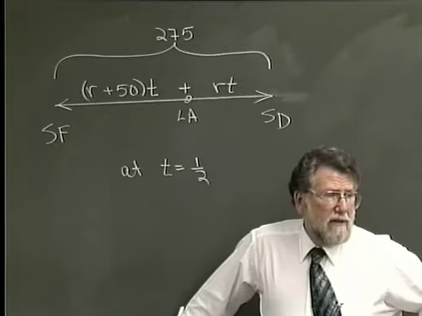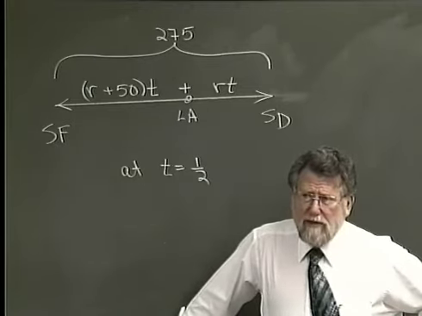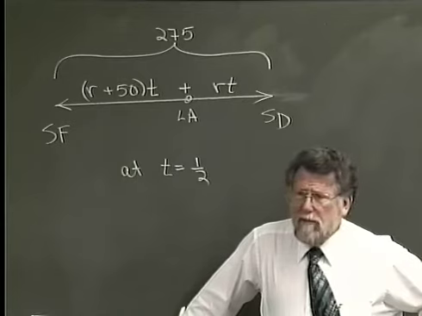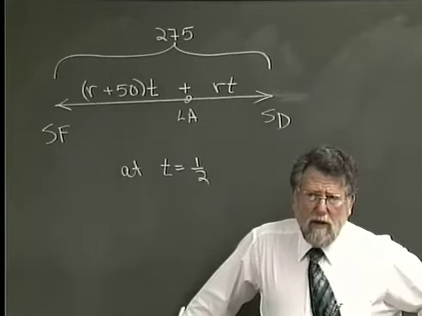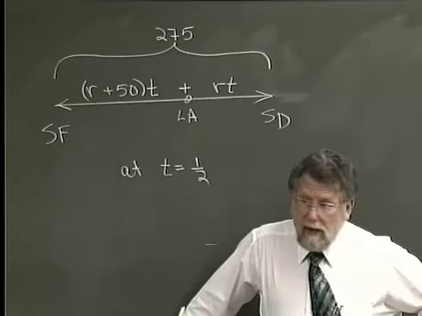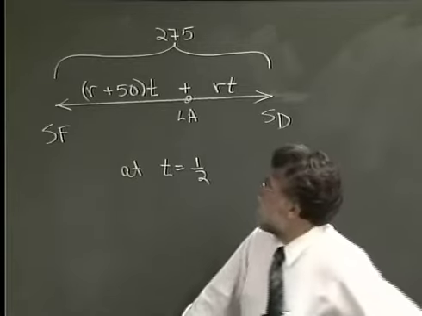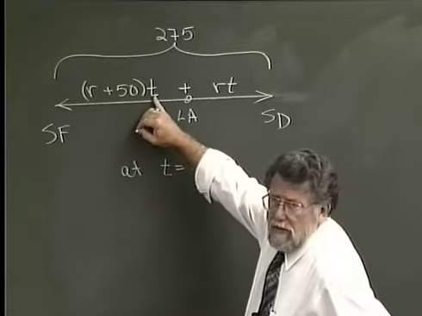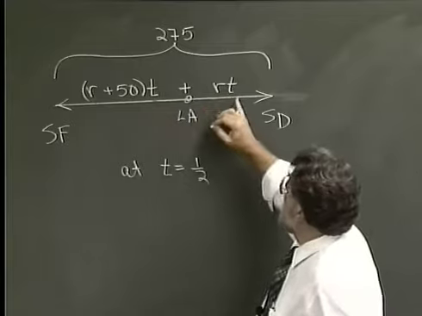Now I'm supposed to create an equation out of this, and we are expecting to have only one variable. Well, if I know t, then I'm going to expect to solve for r. So I could look at this and argue that t should be 1/2 here and 1/2 here.